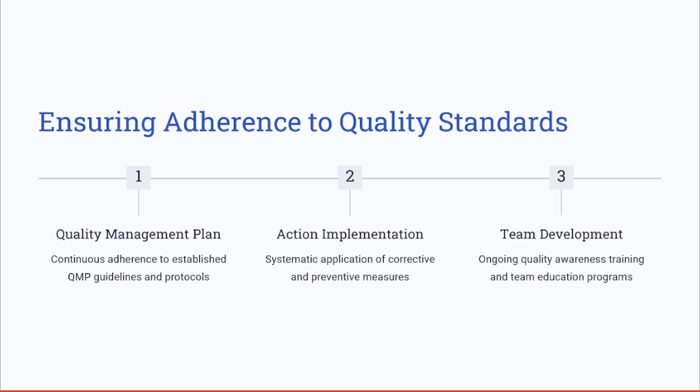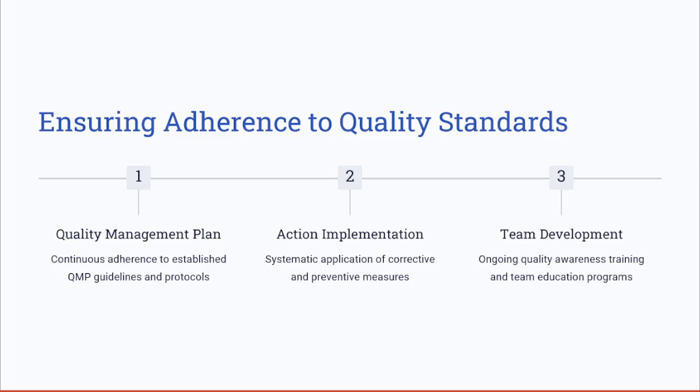How to ensure the adherence to quality standards. So ensuring adherence to quality standards requires a constant effort. Project managers should review audit findings, implement the corrective actions found by the audit team, and also provide ongoing training in case they find any issue or a lack of team training.